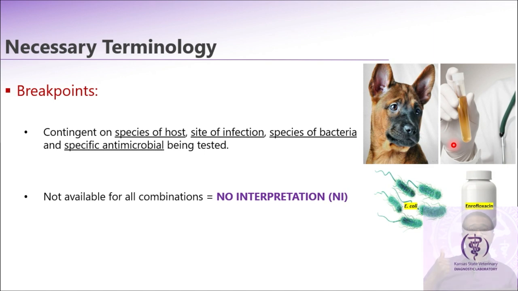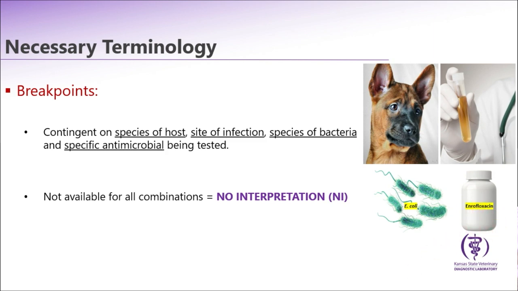So we look for, of course, the animal species, the site of the infection where this bacterial organism is, the species of the bacteria, and the antimicrobial agent that we are interested to test against this bacteria. So for our example here, our patient is a dog with a UTI, so we have a urine sample, and we isolated an E. coli from this urine sample, and we want to test the effect of enrofloxacin on this E. coli.